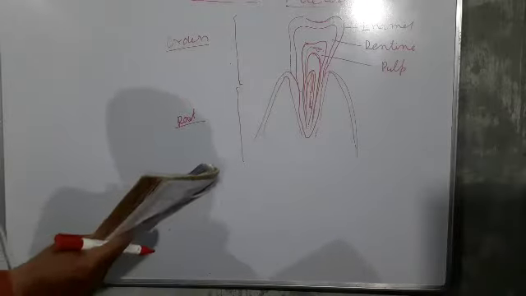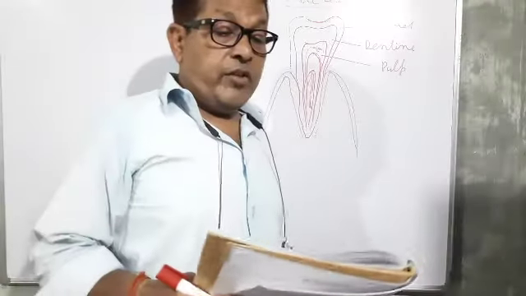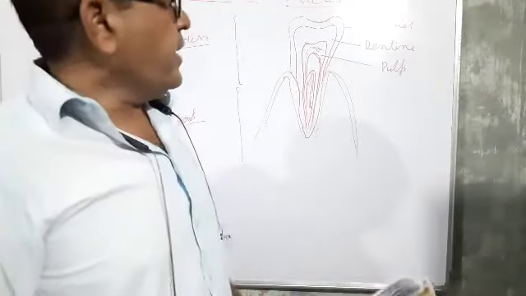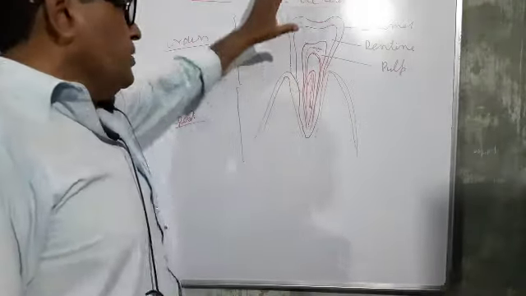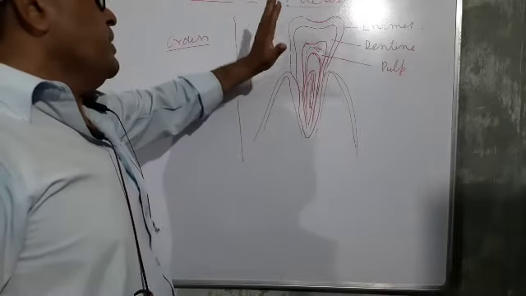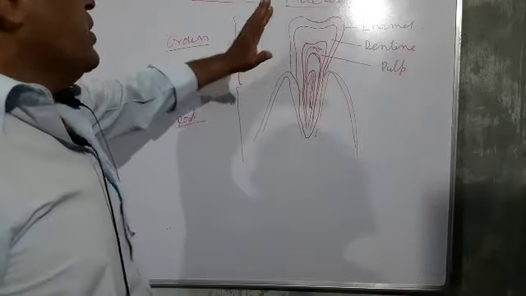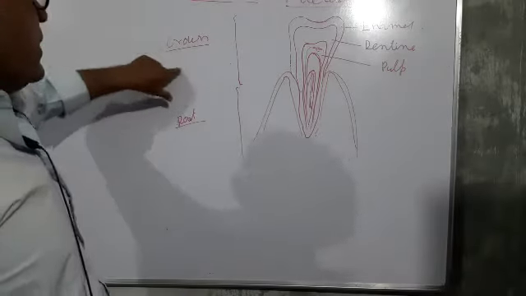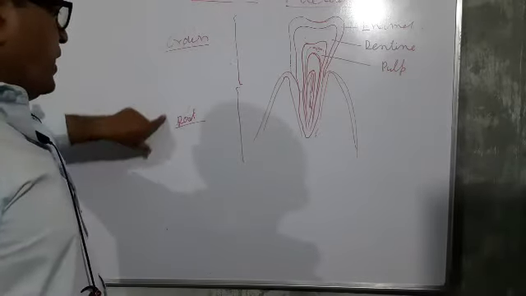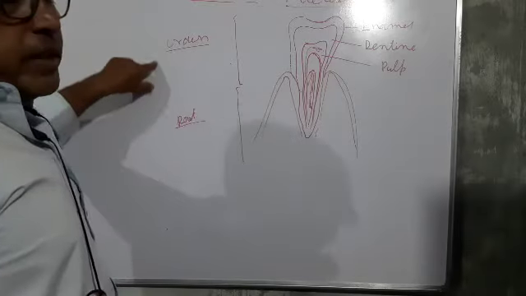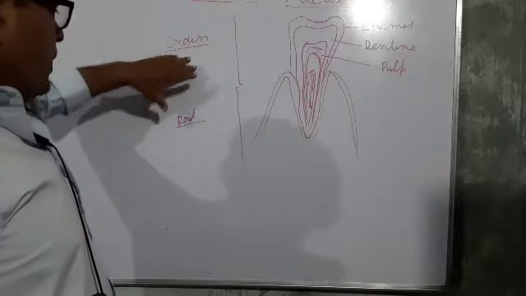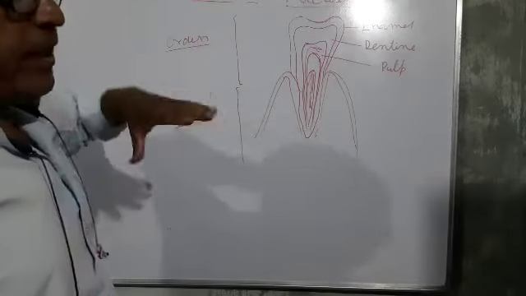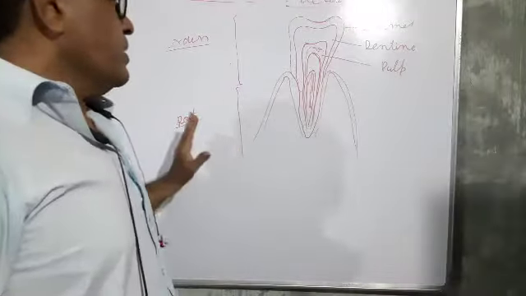Have you understood the structure of the teeth? It consists of two parts, the crown and the root. The crown is projected while the root remains embedded in the gums.